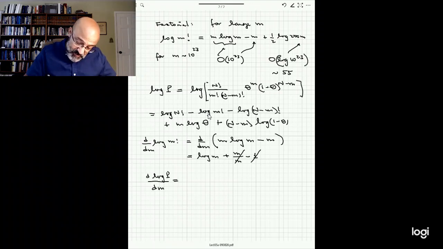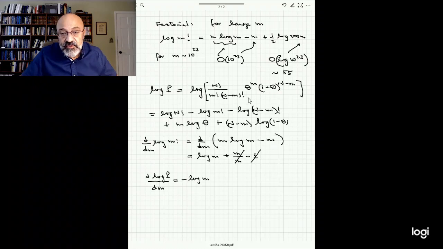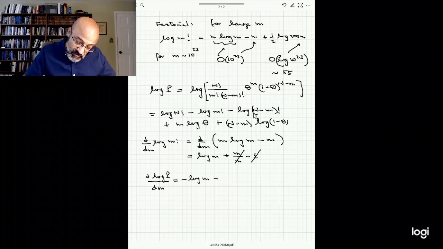So this is going to be minus log m. Then we do the next term. When we do the derivative of this guy here, this is going to be minus log n minus m. Just make sure you get it all correct.